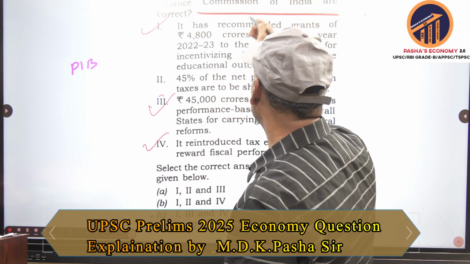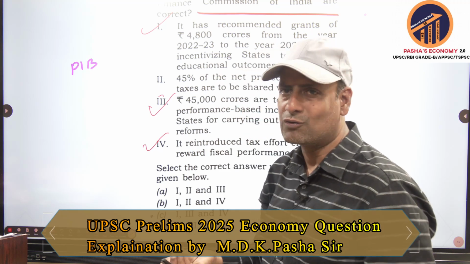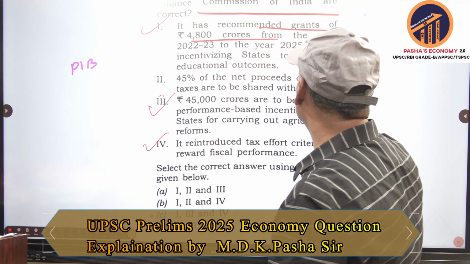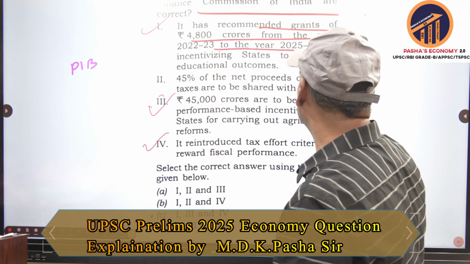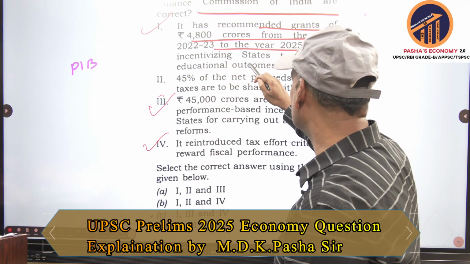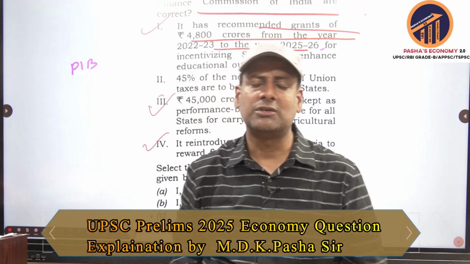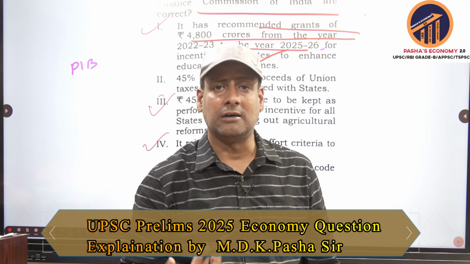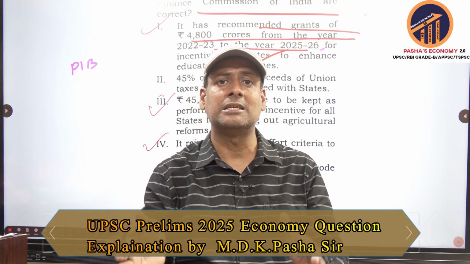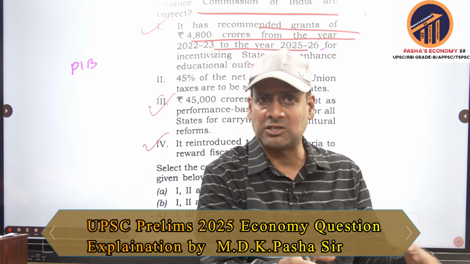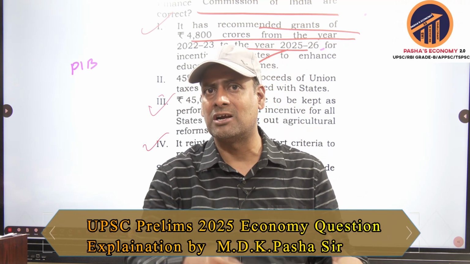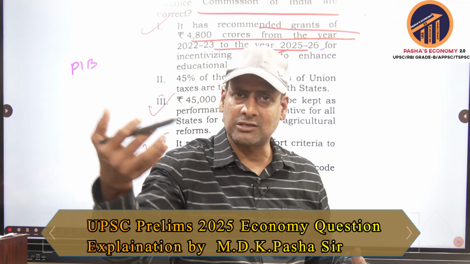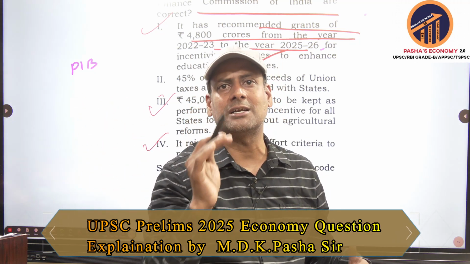See, the question clearly mentions factual data. Recommended grants of 4,800 crores for the years 22 to 25-26, that is education. See, the 15th Finance Commission has allocated around 10.15 lakh crore in grants, especially different kinds of grants. Beyond this, 41% devolution from the central taxes to the states, that is vertical devolution.